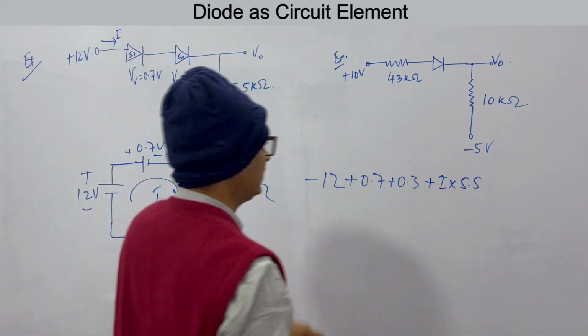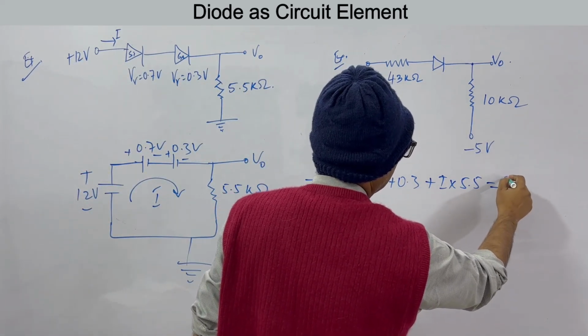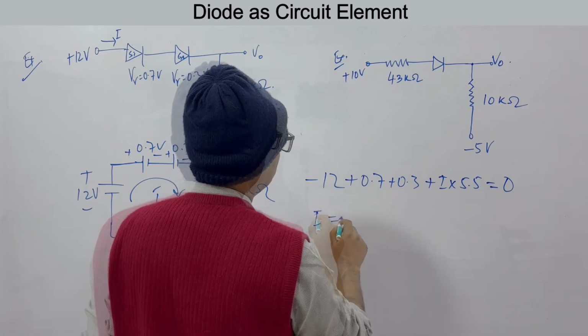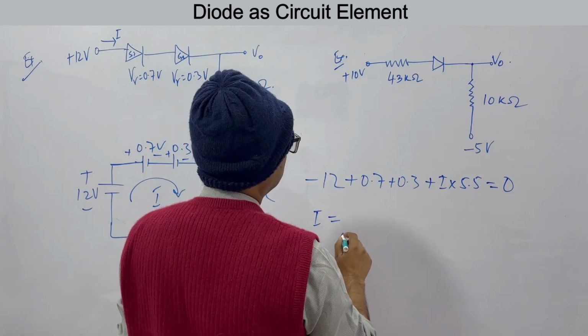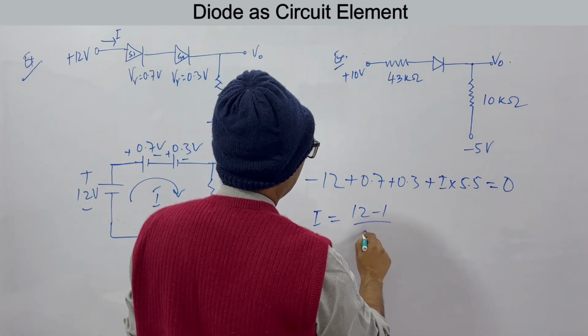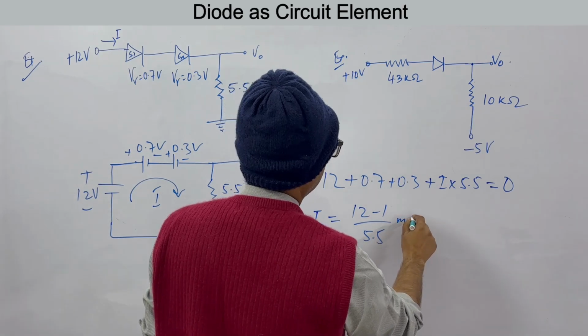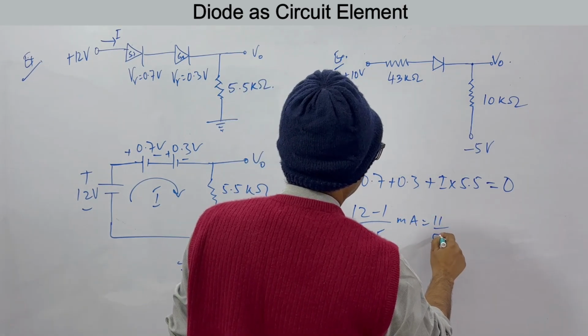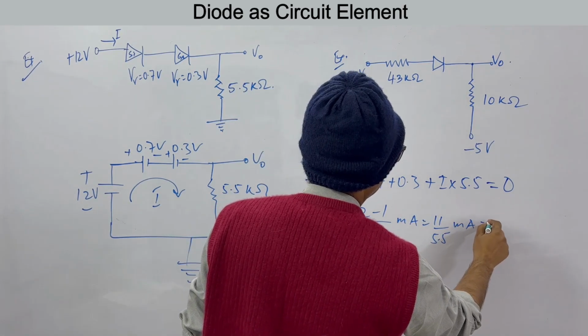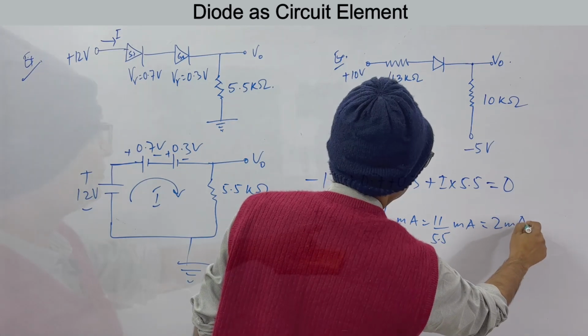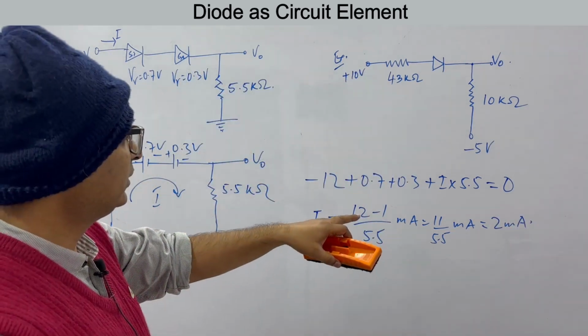Kilo ohms gives milliamperes, so I'm writing 5.5 only. I will be 12 minus 1 by 5.5 milliamperes, so this is 11 by 5.5 milliamperes, that is 2 milliamperes. So I is 2 milliamperes.